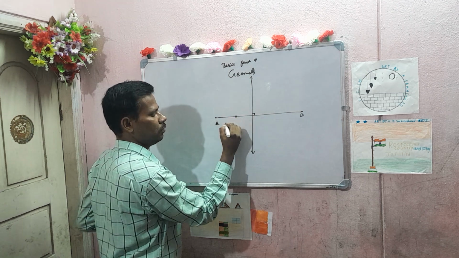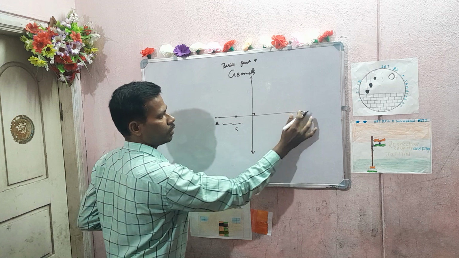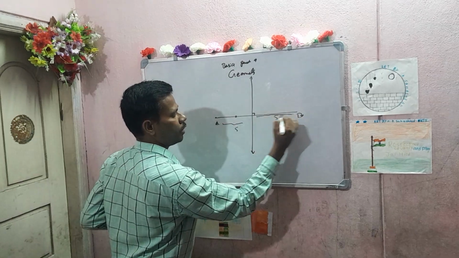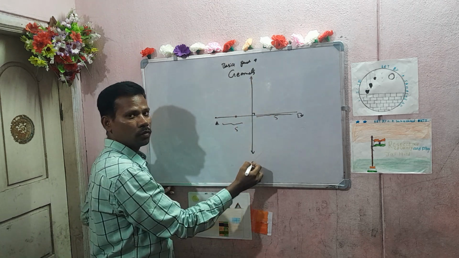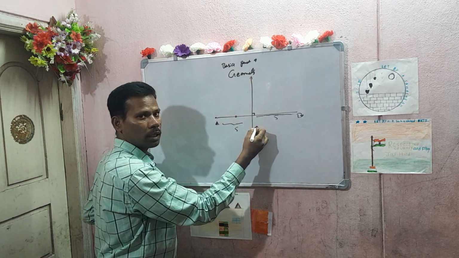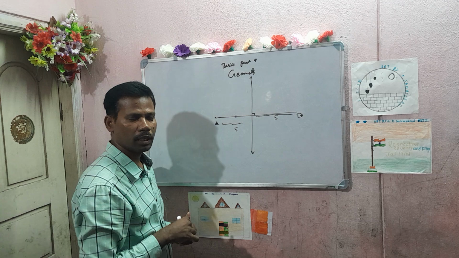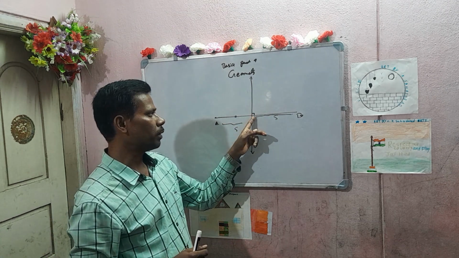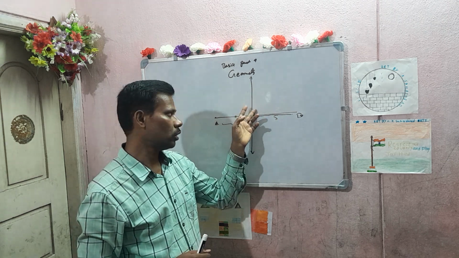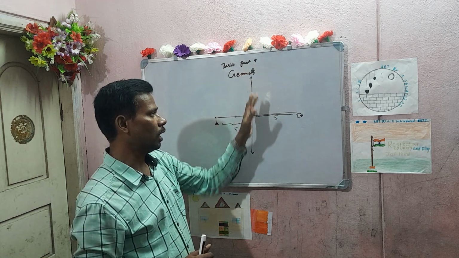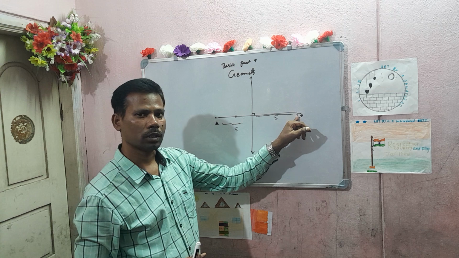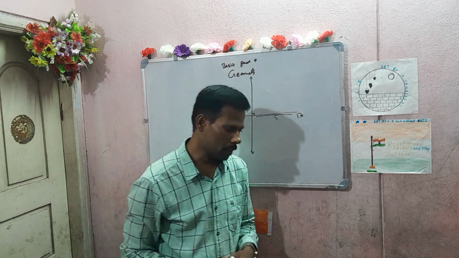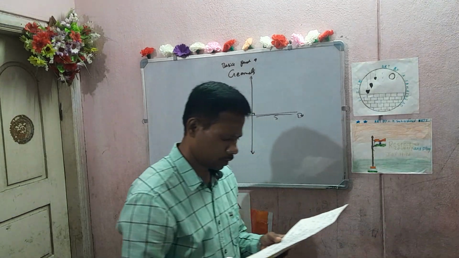That means from here to here it is 5 centimeters, from here to here also 5 centimeters. A line which is perpendicular to the given segment and also bisects. Bisects means dividing it into equal parts. That is called perpendicular bisector. Perpendicular as well as bisects. A line which is perpendicular to the segment and also dividing the segment into two equal parts is called perpendicular bisector.